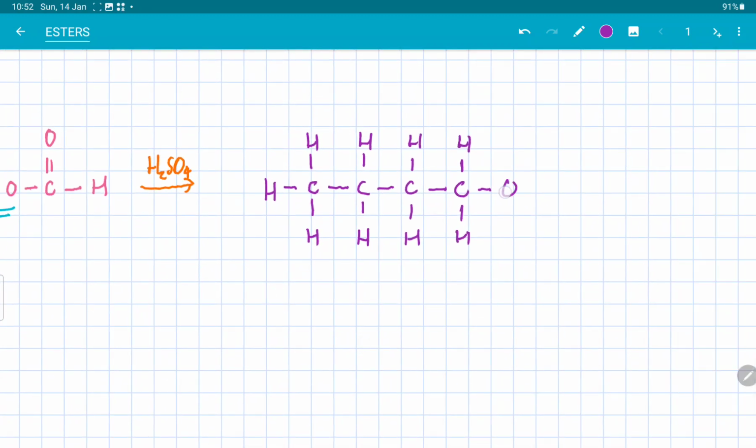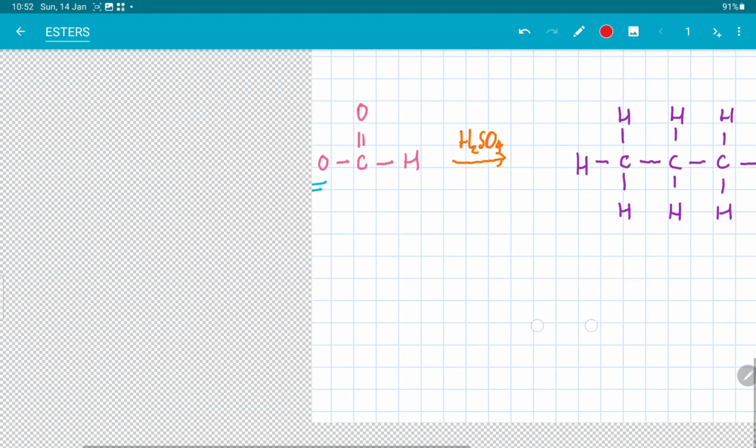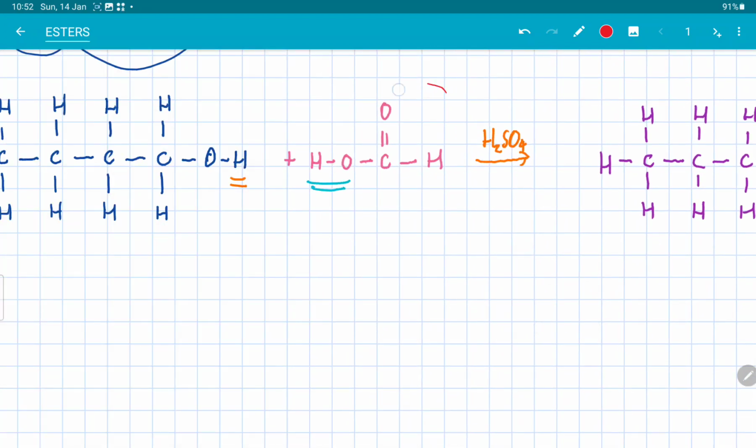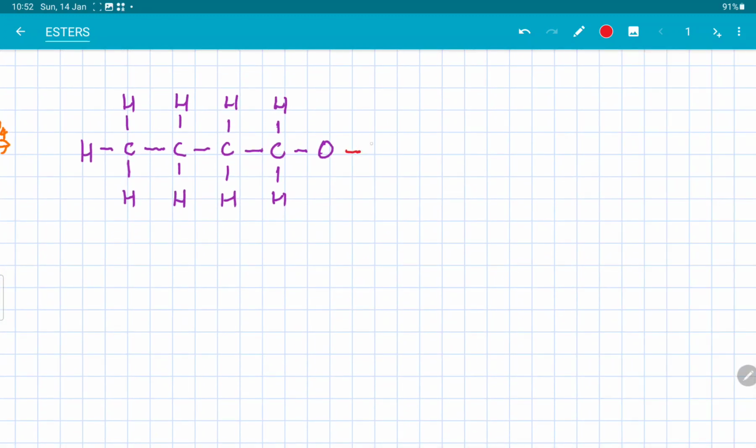Then the O, and then the part that was previously the carboxylic acid. It's only going to be this part. So that will be the methanoate. So O. So it's a C double bond O.